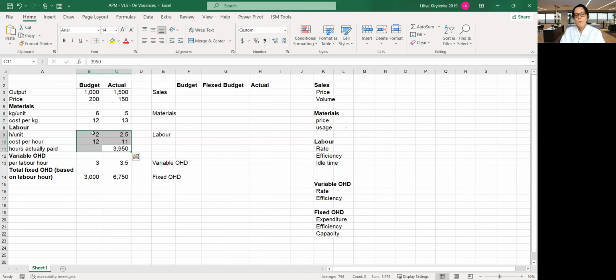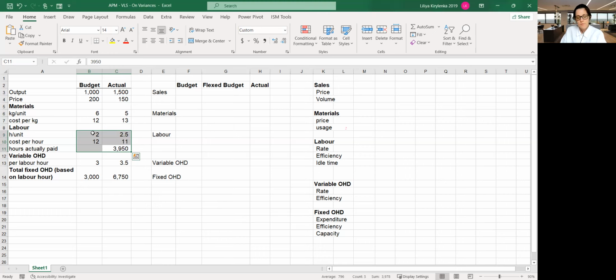We also have variable overheads. Variable overheads depend on something, and usually they are based on either quantity of units or labor hours or whatever. And we have fixed overheads.